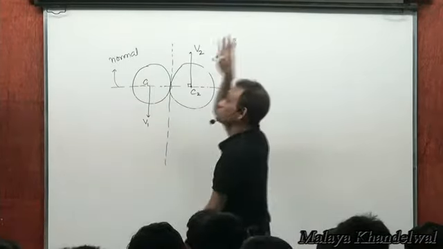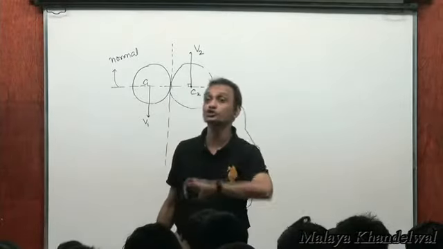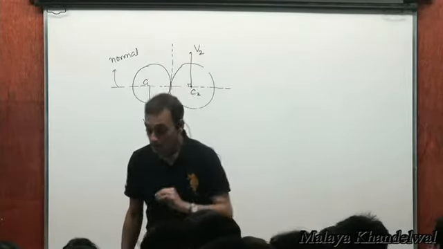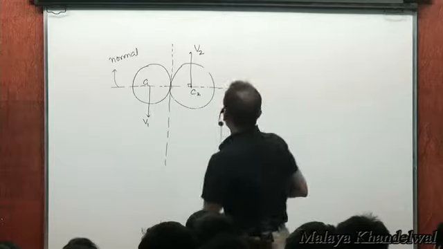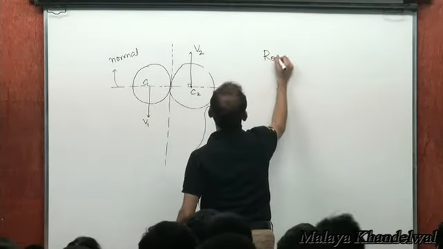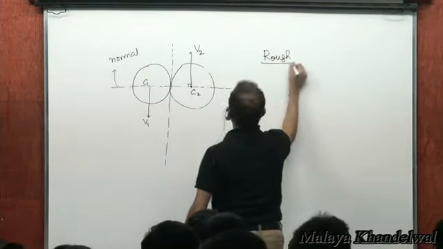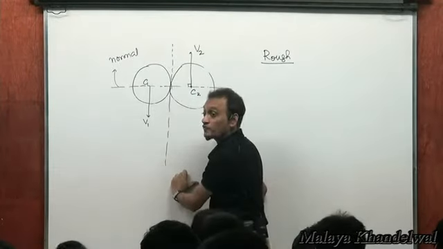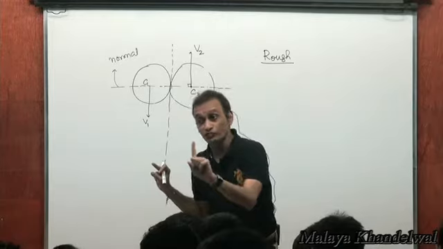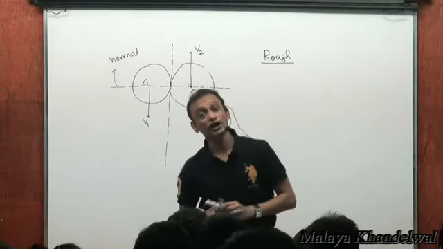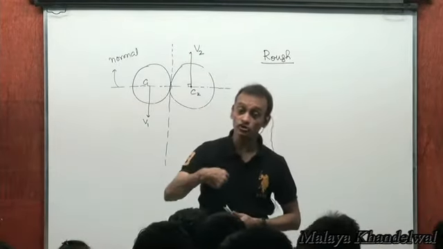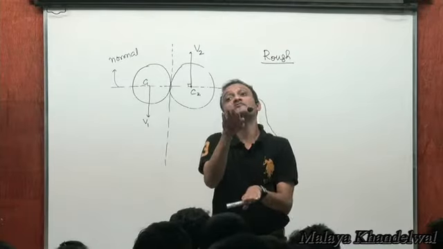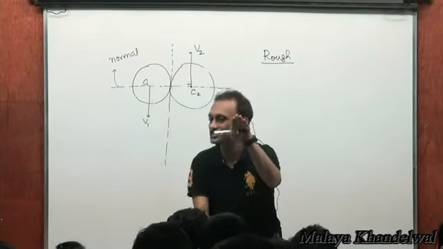When they brush past each other, do their velocities change? Depends. If they are rough, then realize that there is relative motion in the parallel direction of the two surfaces. Therefore they will exert frictional forces on each other, and therefore their velocities will change. If they are rough, they would know that they have brushed past each other.